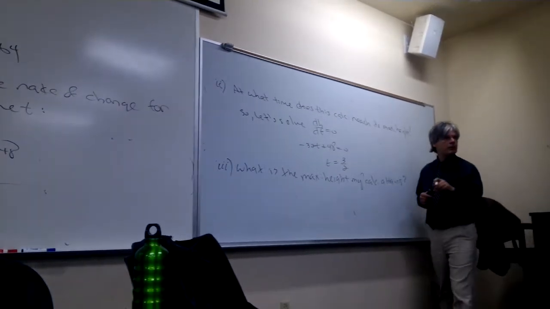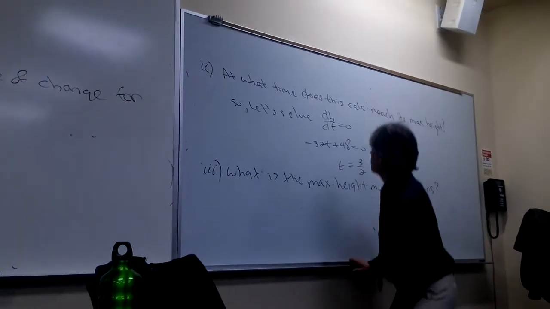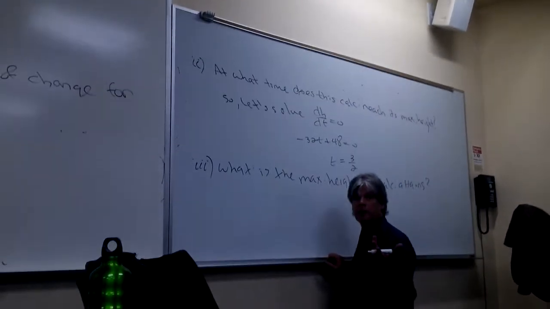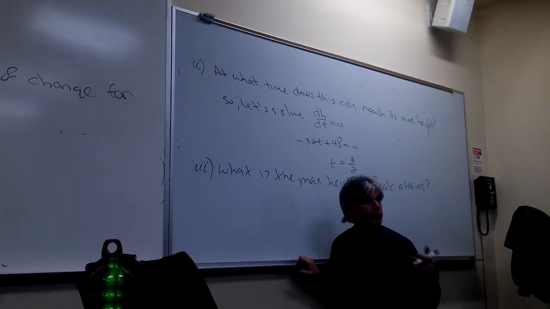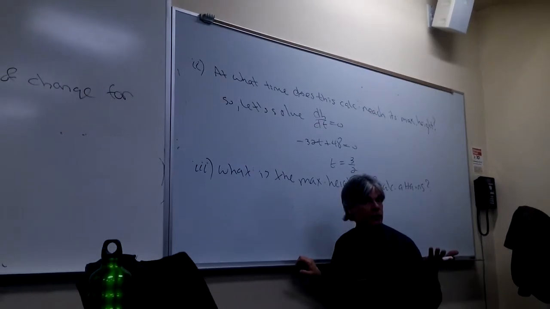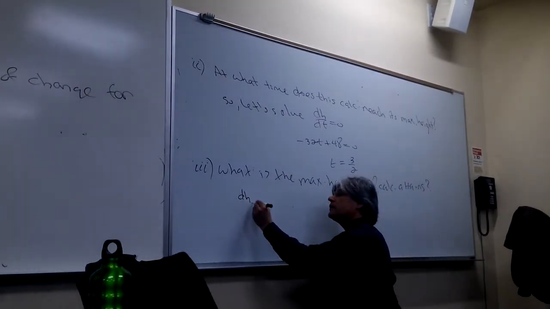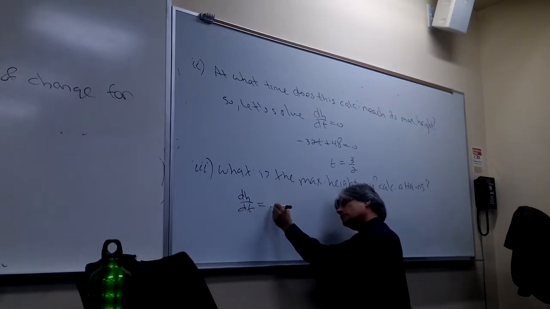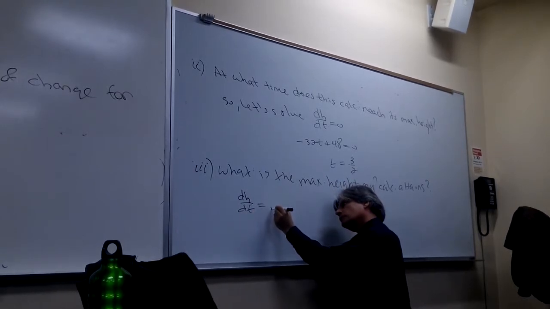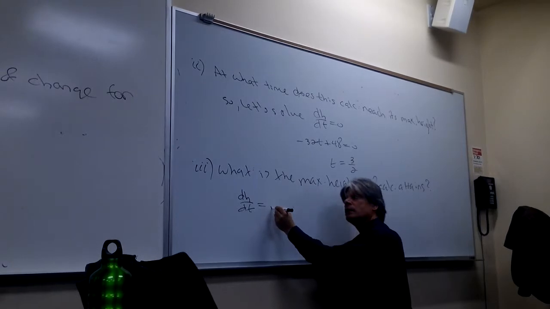Anybody? Plug in 3/2 seconds for t. Plug 3/2 in for t, and I see that dh/dt is equal to what? -32t plus 48.